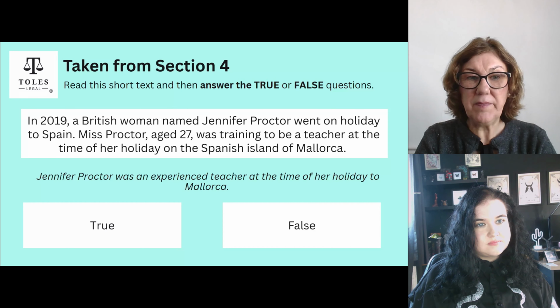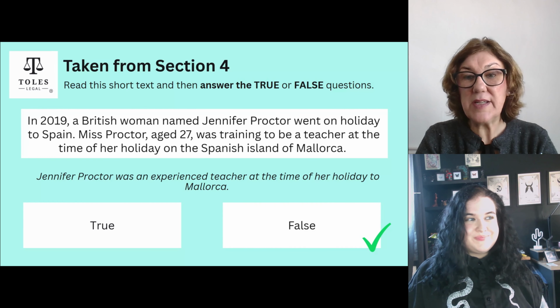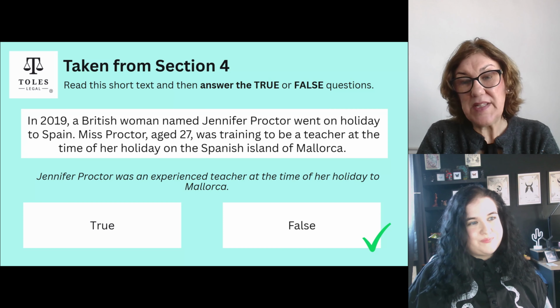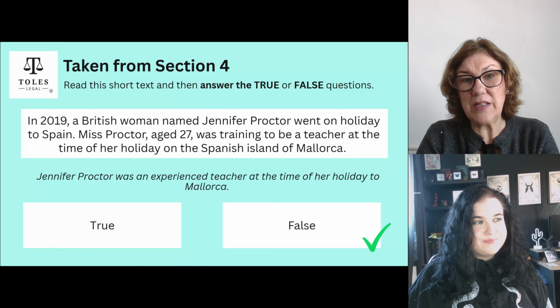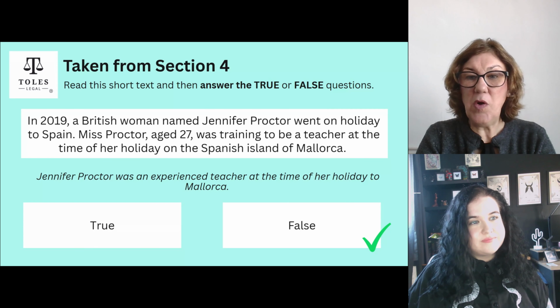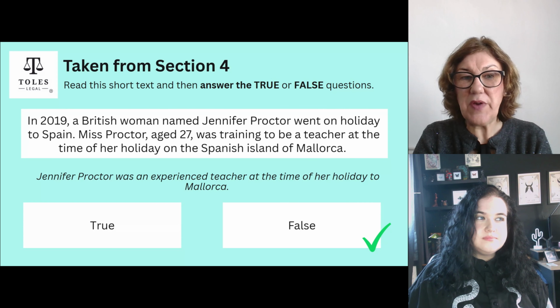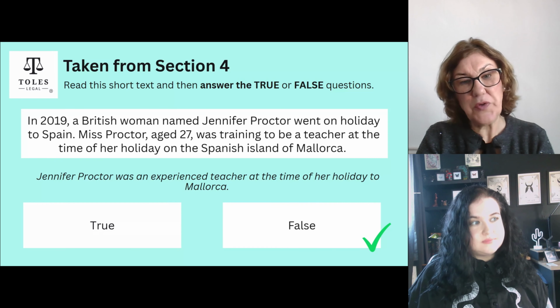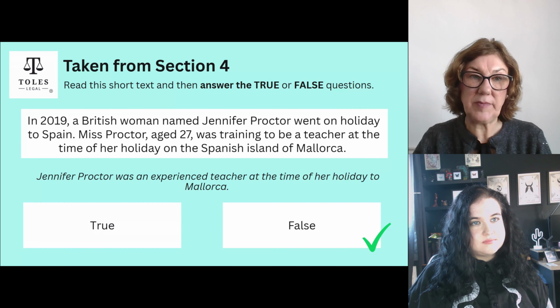True or false? Jennifer Proctor was an experienced teacher at the time of her holiday to Mallorca. And the answer is false. She was training. She was still very inexperienced. So in section 4, you'll get a little true story with 5 true or false questions.